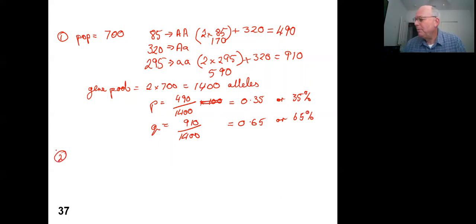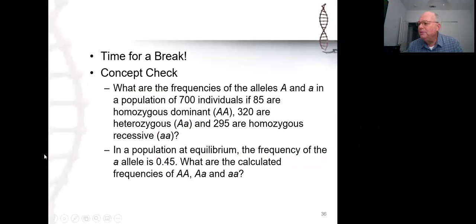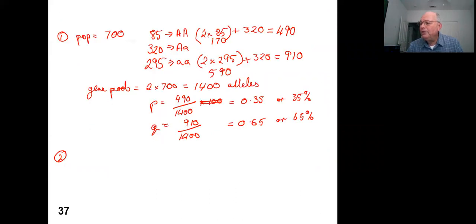Question 2, just swing back to see the question. In a population at equilibrium, the frequency of little a is 0.45. What are the calculated frequencies of big A, big A, big A, little a, and little a, little a? Okay, so little a equals 0.45.